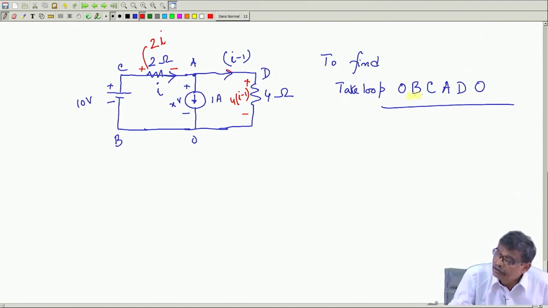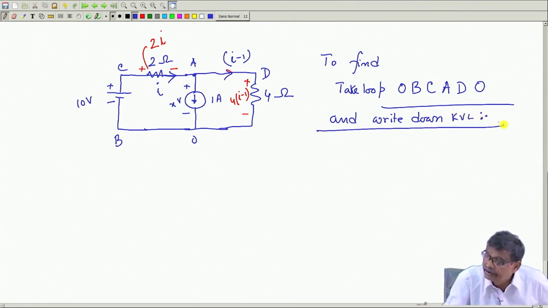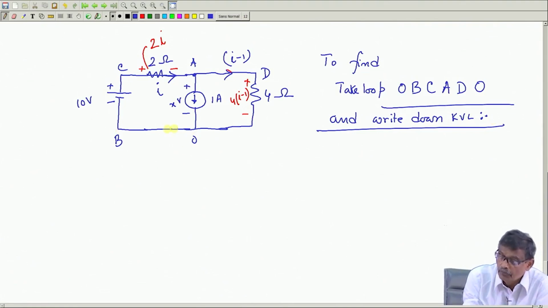Then I take this loop and write down KVL in this loop. So, start your journey from O to B, no voltage drop, 0, then B to C, yes, there is a voltage rise, minus to plus.